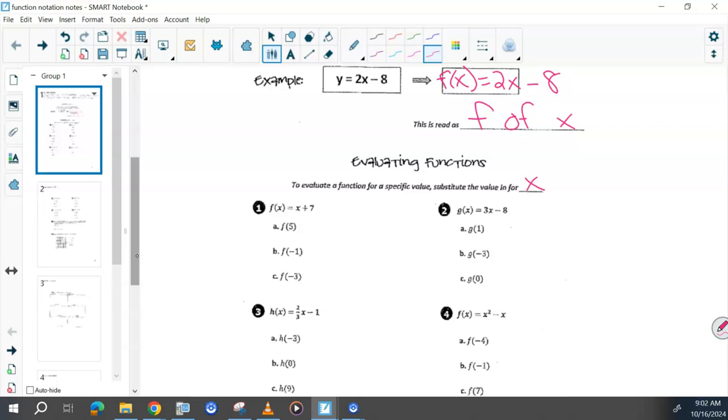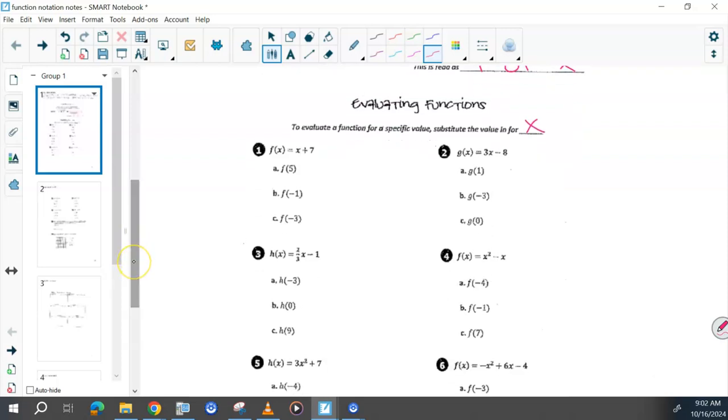So we're going to do this with the first example. In this one, we're given some equation, and these are not multiple choice, these are all part of this answer. So we're going to put that number in anytime we see an x. So that would be f of 5 equals 5 plus 7. And then we just figure out what is 5 plus 7, which is 12.